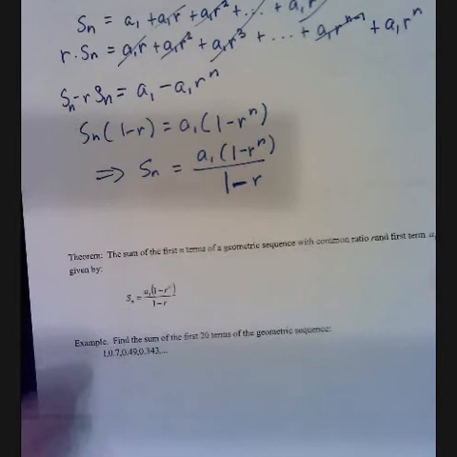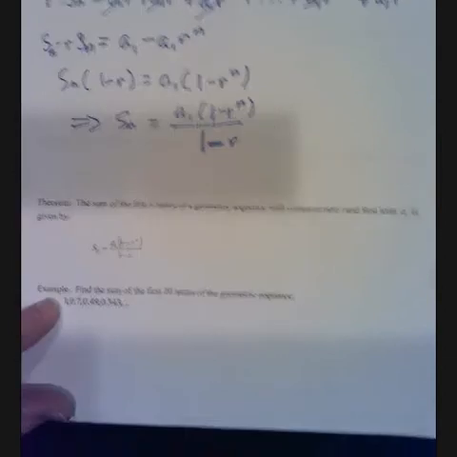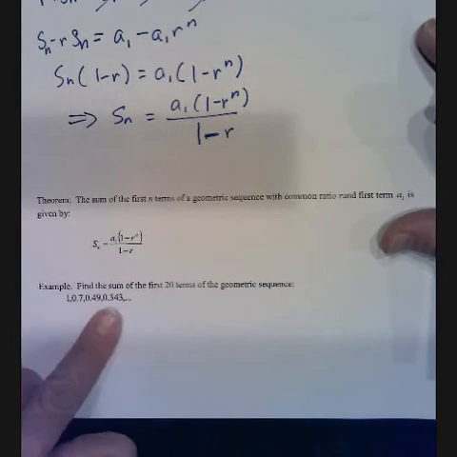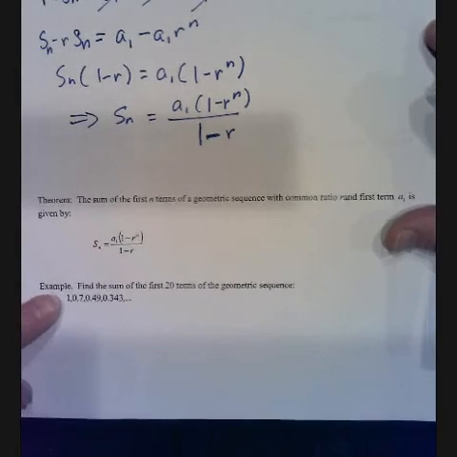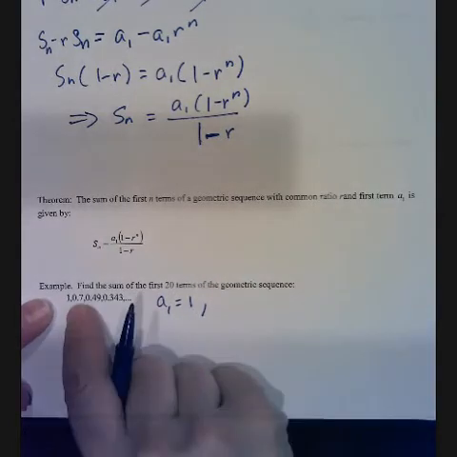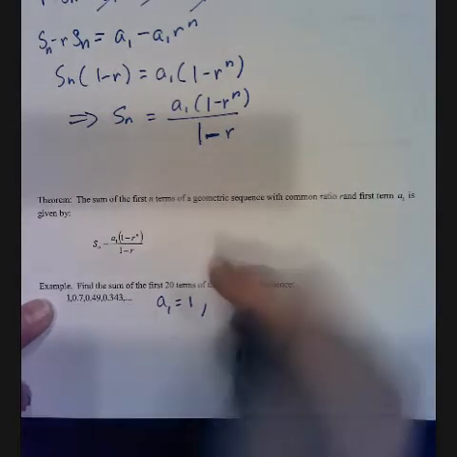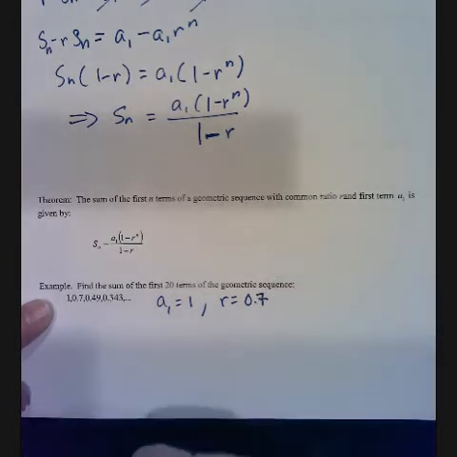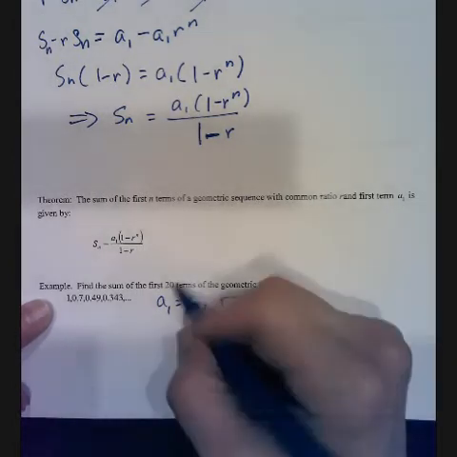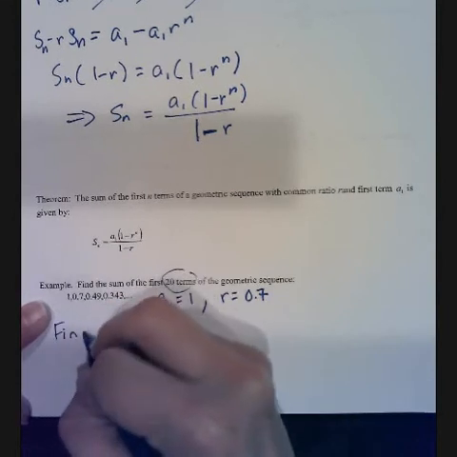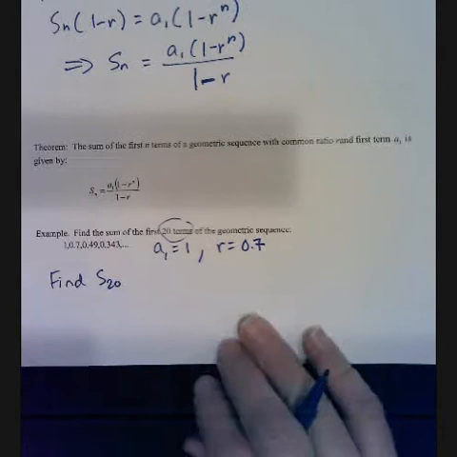So now let's go ahead and use it. Find the sum of the first 20 terms of this geometric sequence. So a sub 1 is 1, and it's pretty easy to see that r is 0.7. We want the first 20 terms, so we want to find s sub 20, n equals 20.